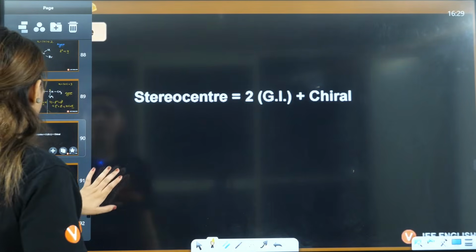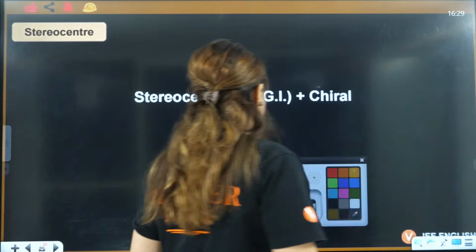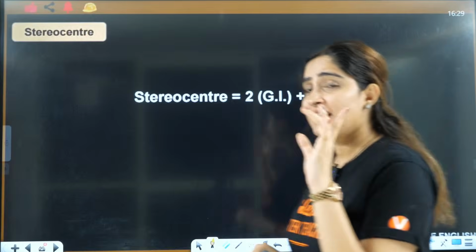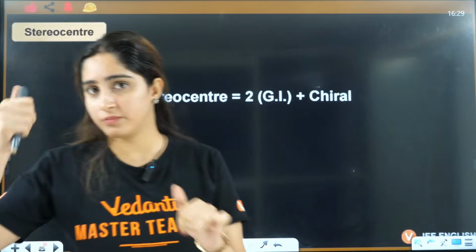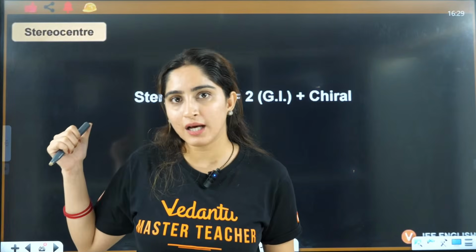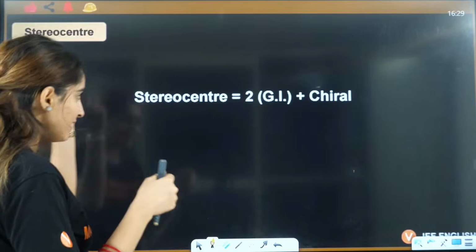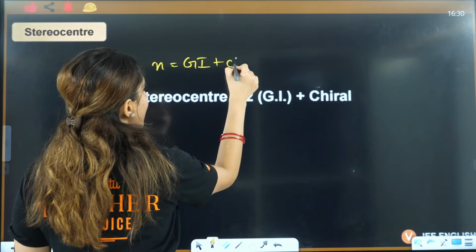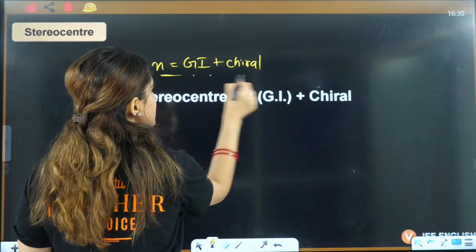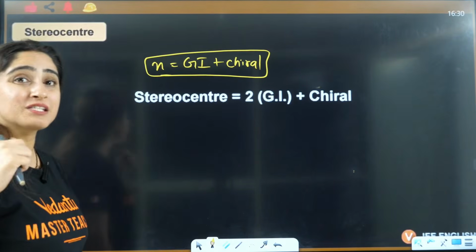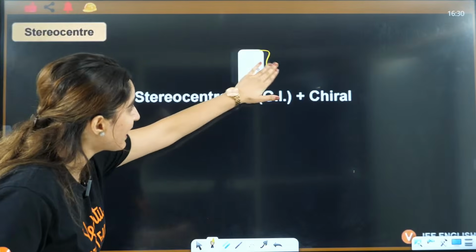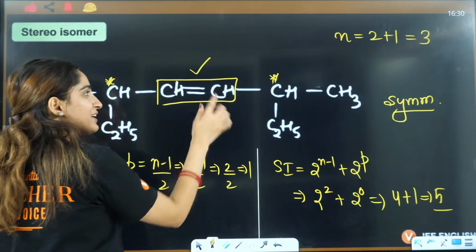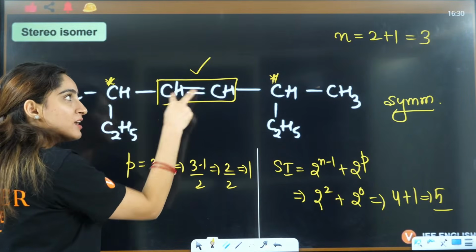Last topic of today, that is stereo center, right? What is stereo center? What is n? We were defining n in that formula. N in that formula is the number of GI sites plus chiral carbons, right? But for stereo center, here we have taken it as one GI site, but centers are 2.